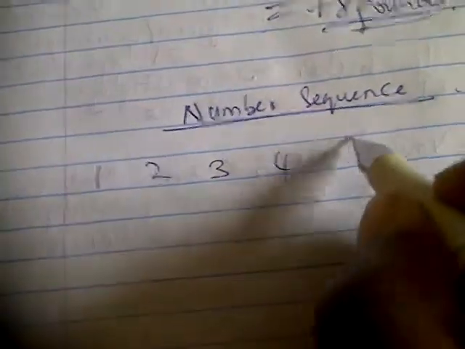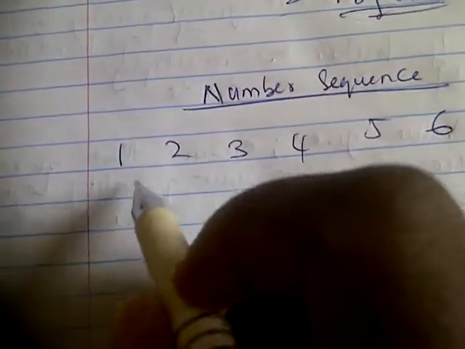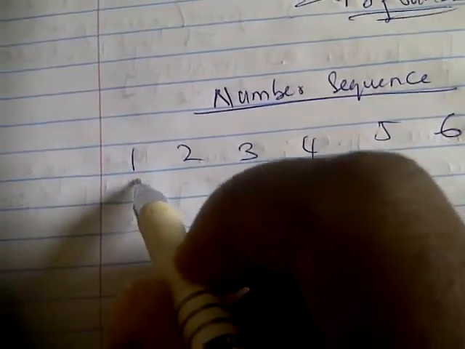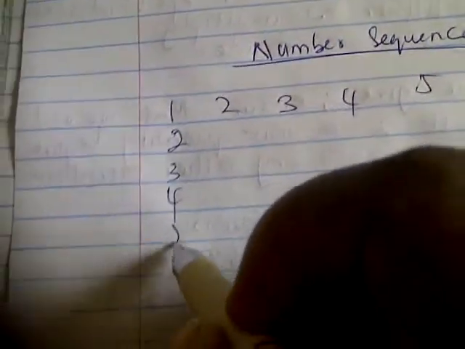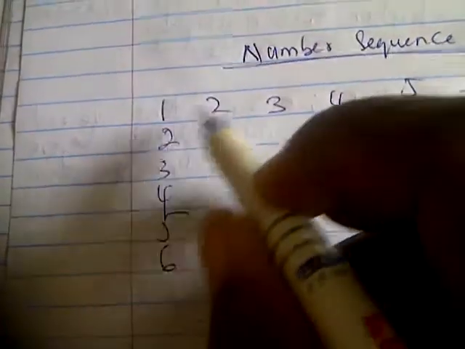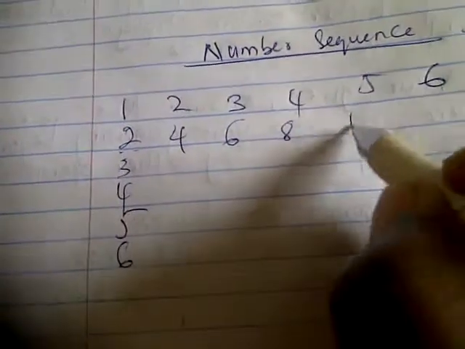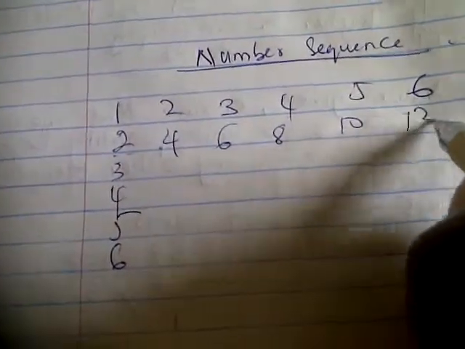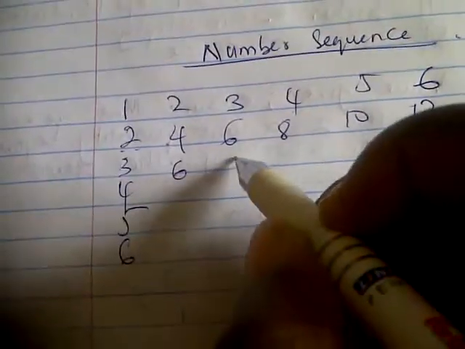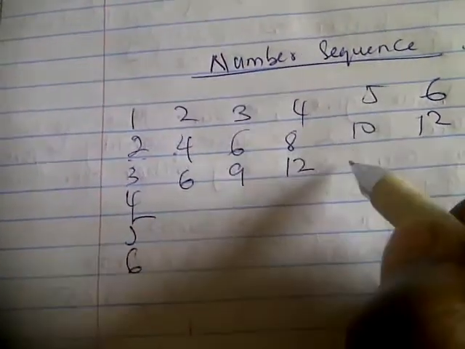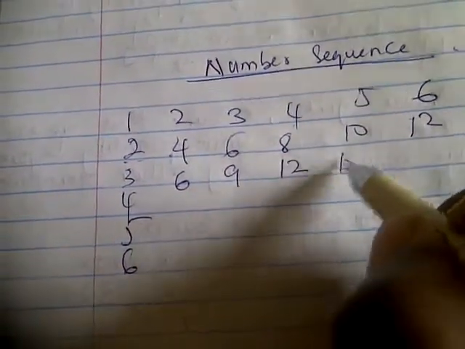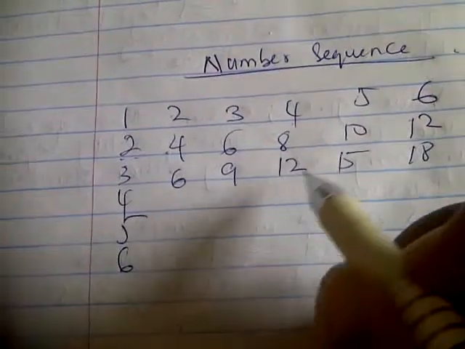For example, if you have 1, 2, 3, 4, 5, 6, then you have 2, 3, 4, 5, 6. 2 times 2 is 4, 2 times 3 is 6, 2 times 4 is 8, 2 times 5 is 10, 2 times 6 is 12. 3 times 2 is 6, 3 times 3 is 9, 3 times 4 is 12, 3 times 5 is 15, 3 times 6 is 18.